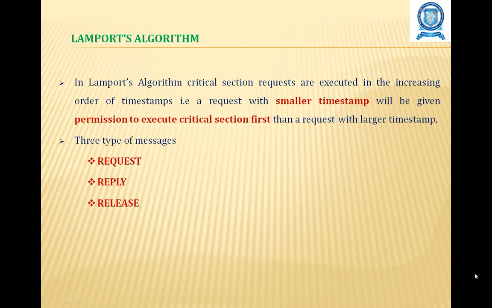That means a request with a smaller timestamp will be given permission to execute the critical section before a request with a larger timestamp. Here we have three types of messages: request, reply and release, and the communication channels are assumed to follow FIFO order.